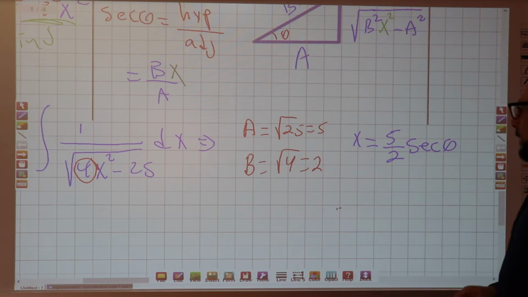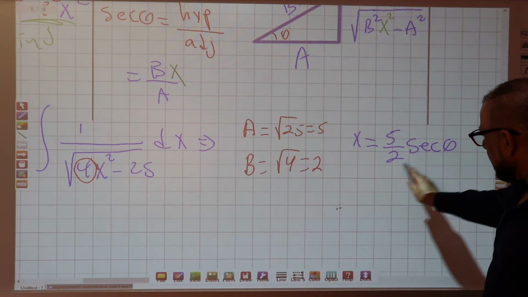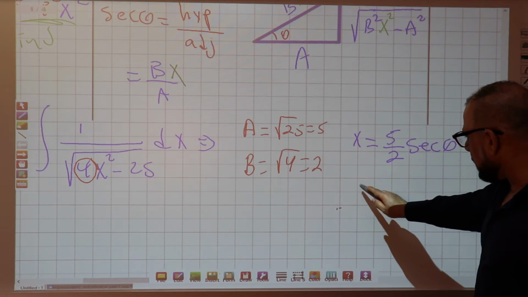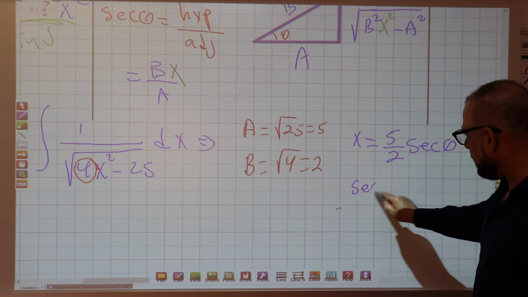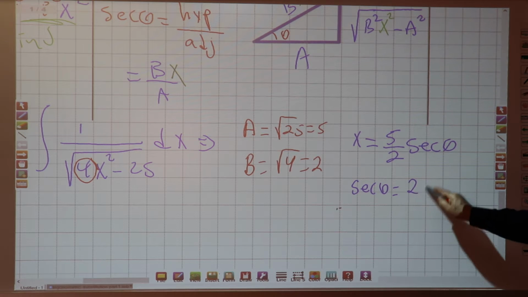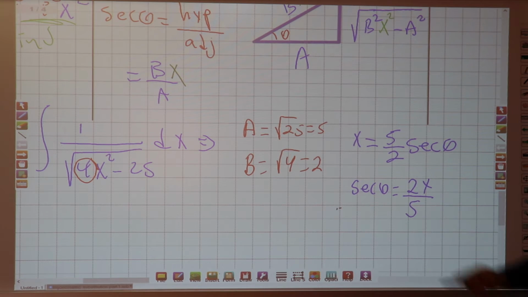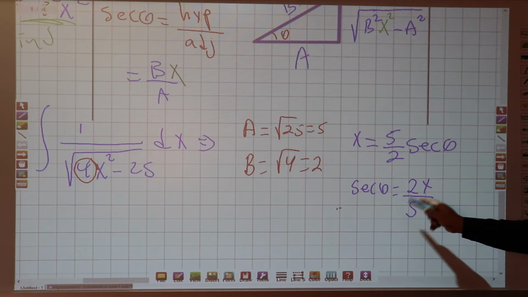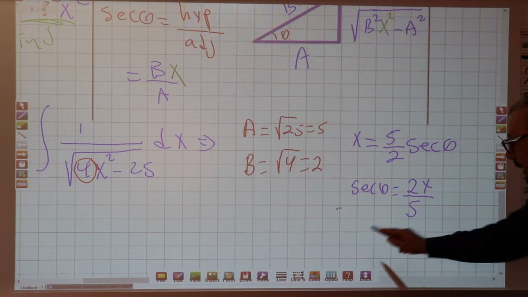This is the first. Now it's good to have secant theta equal to 2x over 5, just for the purpose of the triangle.